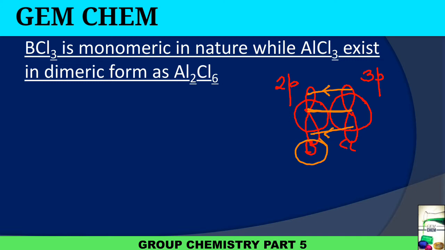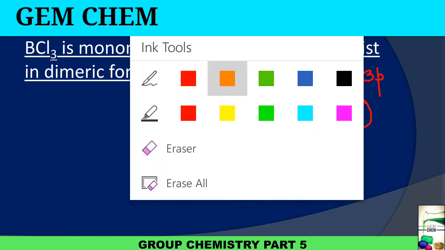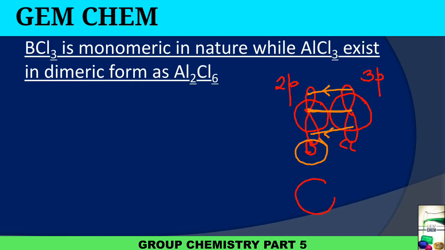Whereas if we consider AlCl3, we have an aluminium atom with a 3p orbital, and again a chlorine atom with a 3p orbital. There is also a bonding, which is only a single bond formation.